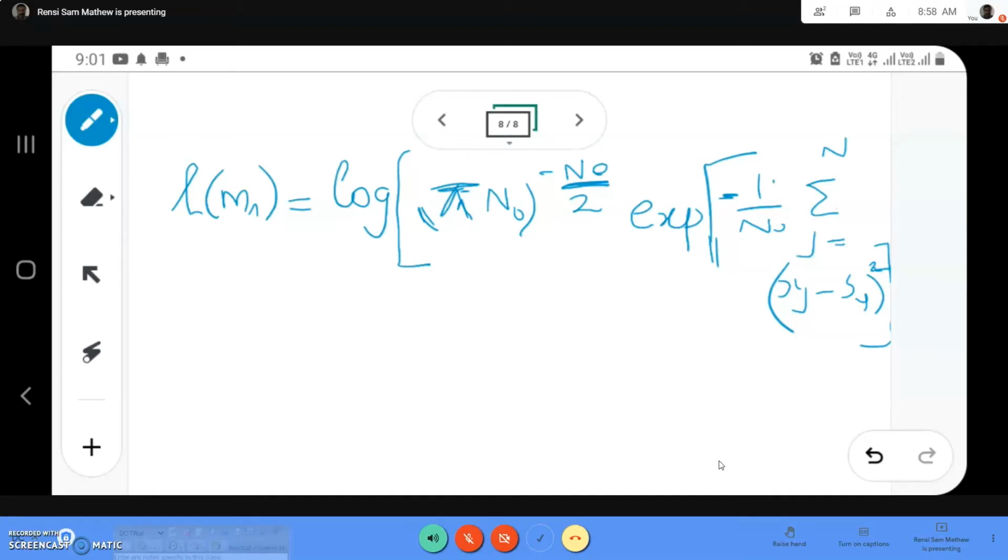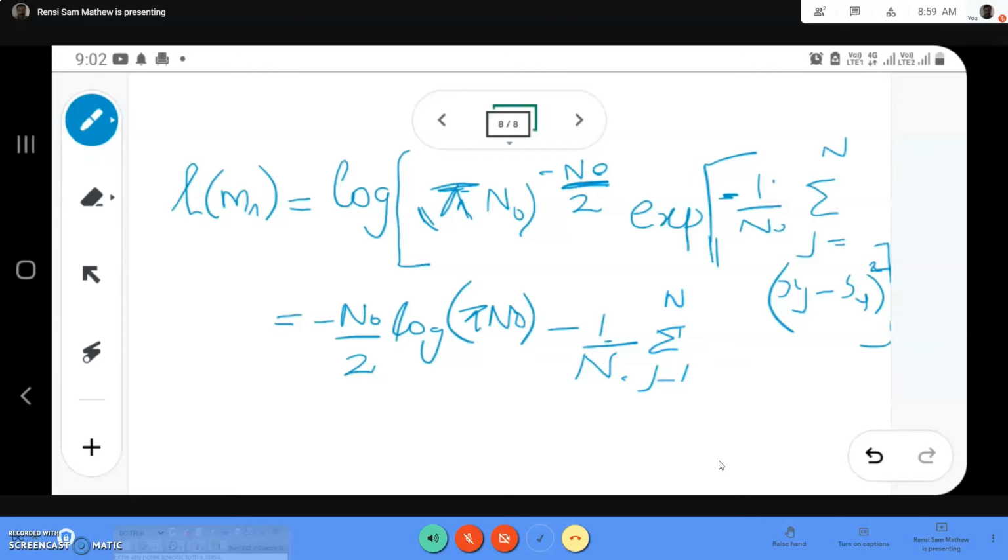So one term is minus n0 by 2 into log of pi n0, and the other term is log of the exponential of this term, which will be minus 1 by n0 into summation j equal 1 to n of (xj minus sij) the whole square, where i varies from 1 to n.